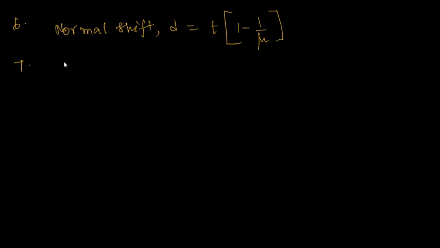Take down: mu is equal to 1 by sine of the critical angle, sine i c, where i c is the critical angle. So you please make a note of it. This is useful to study the total internal reflection of optical fibers.